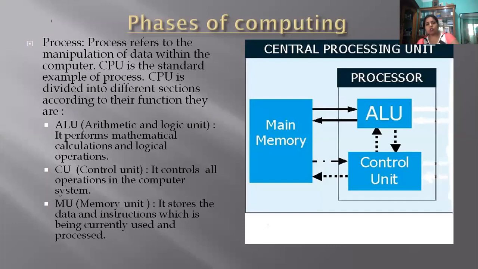Now, other things you need to understand. CPU is the example of process. CPU is divided into different sections according to their functions. They are, as I already told you, ALU, CU, and MU: arithmetic and logic unit, control unit, and memory unit.